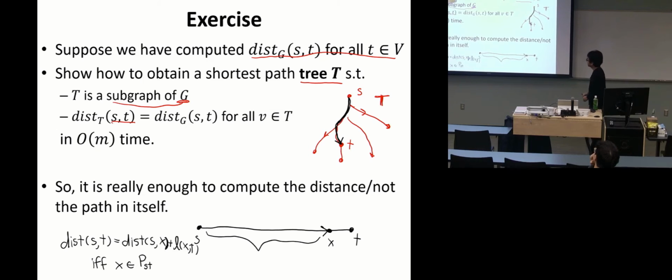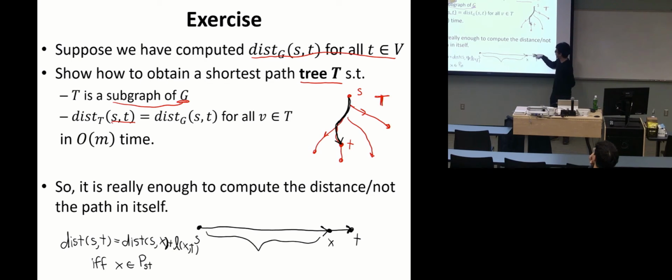And now suppose that all I want to see is, for T, who is the second last node in this path. How can I check that fast, in time which is the degree of T?